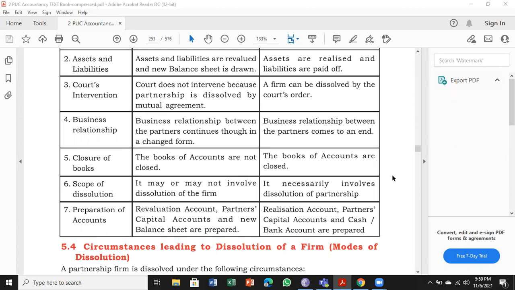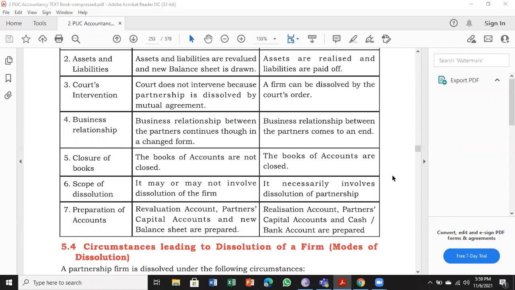That means agreement comes to an end, the business will continue. Imagine in death of a partner, suppose 3 partners are there, A, B, C in the business. A and B meet an accident and they die. A, B both die. Then C is alone.